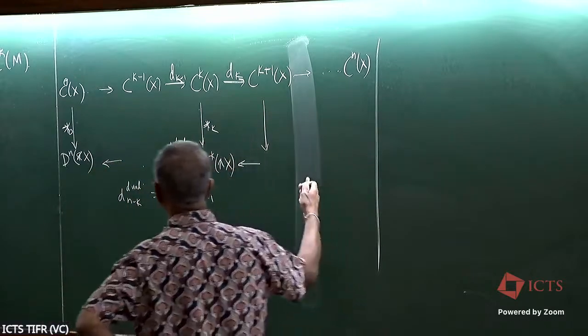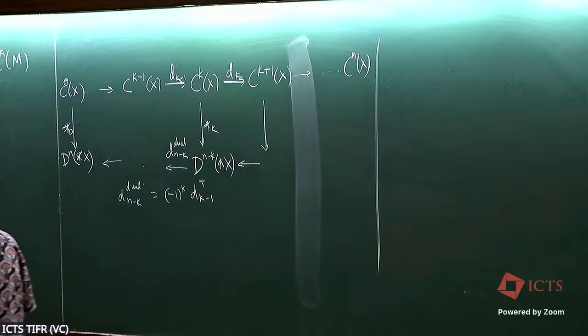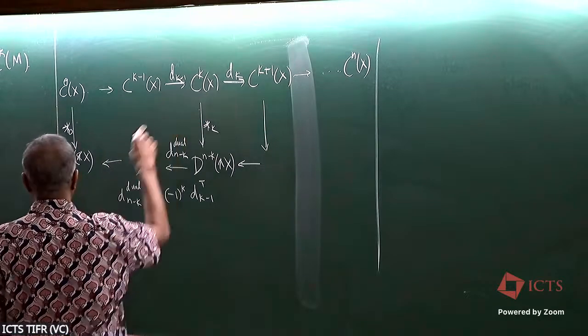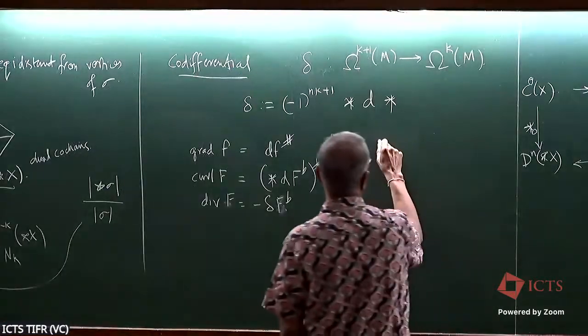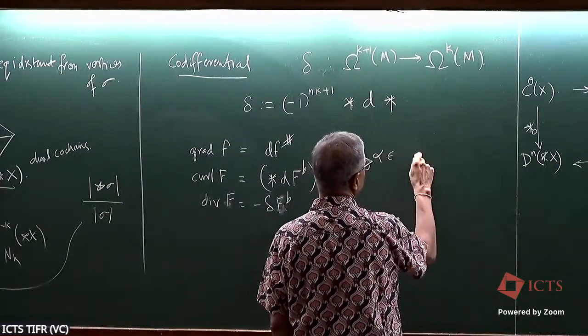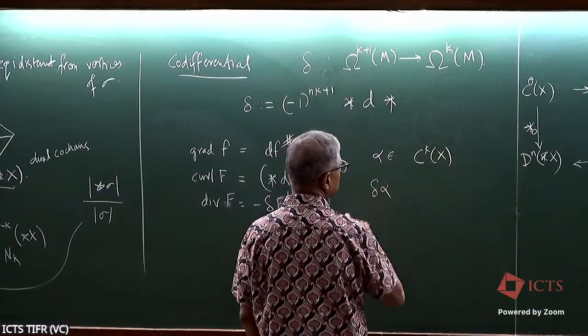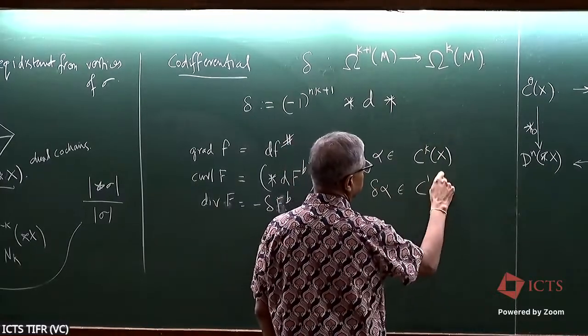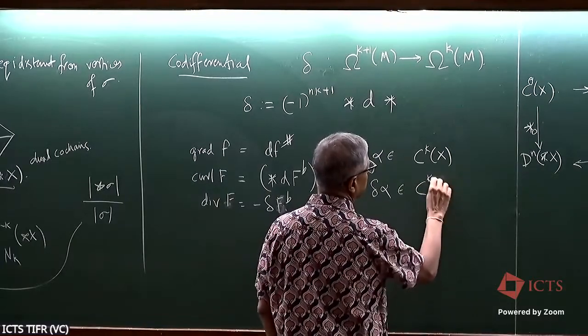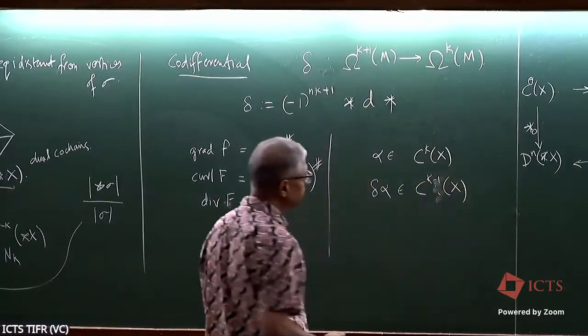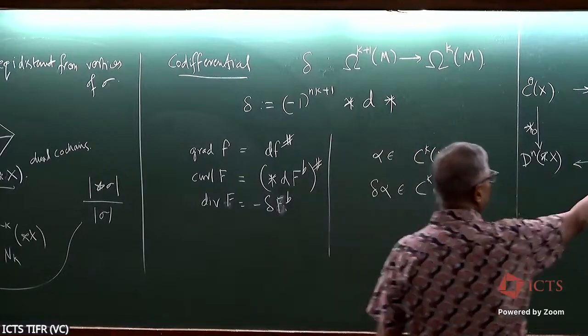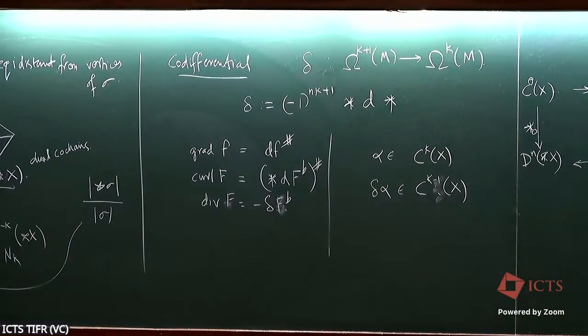And so if you want to write down the codifferential of a k-form, suppose alpha is a k-form, a k-cochain, then its discrete codifferential, which will be a (k-1)-cochain, is: you start here, you go down this way, and then come back up.